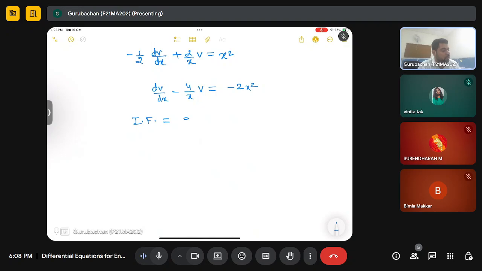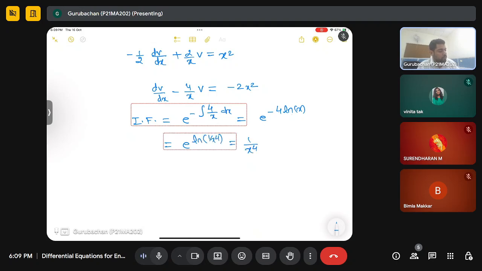So the integrating factor will be e to the power integral of -4/x dx, which is e^(-4 ln x), that is ln of 1 by x to the power 4, so 1/x^4.